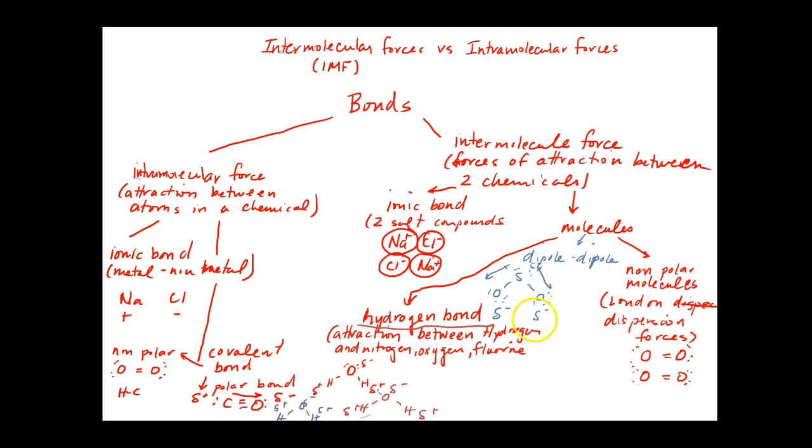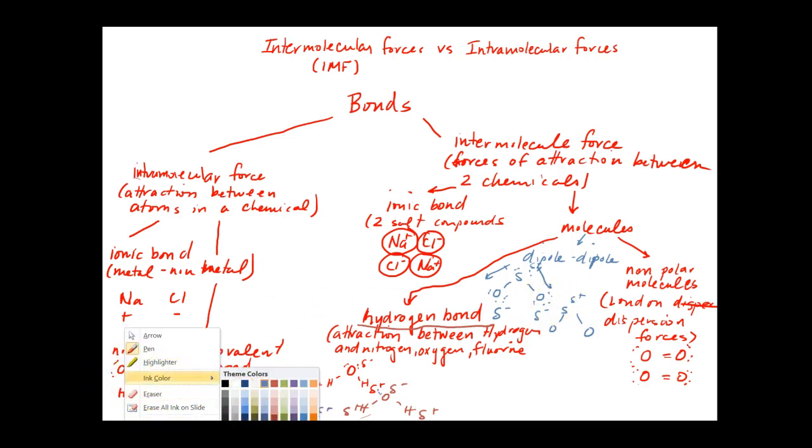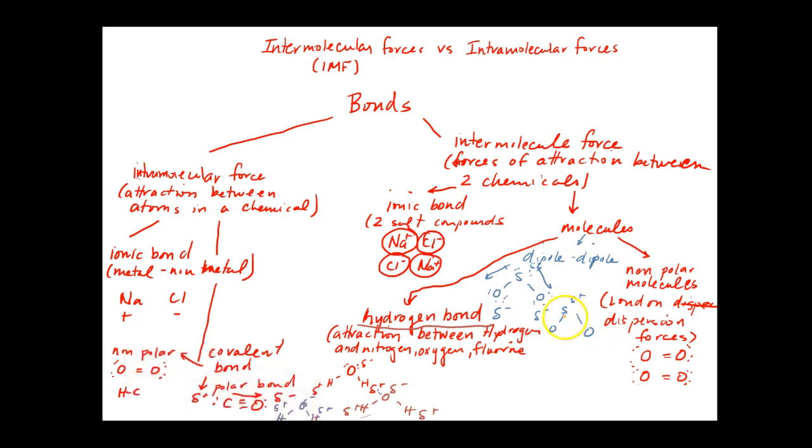In this case, that partial negative charged oxygen is going to be attracted to the sulfur, which is partially positive, and we have the oxygens coming out here. And this attraction between this oxygen and sulfur, we call a dipole-dipole.